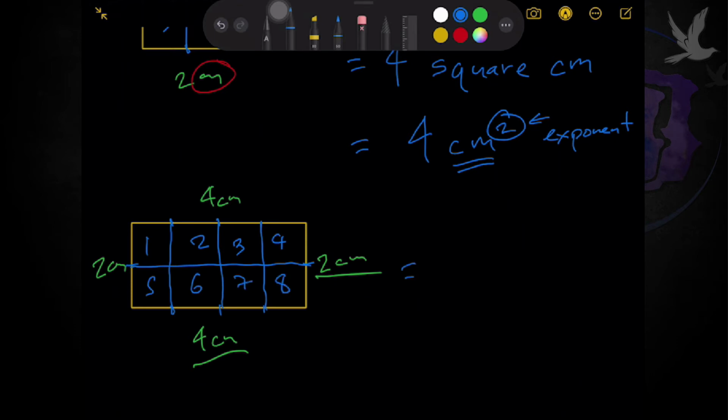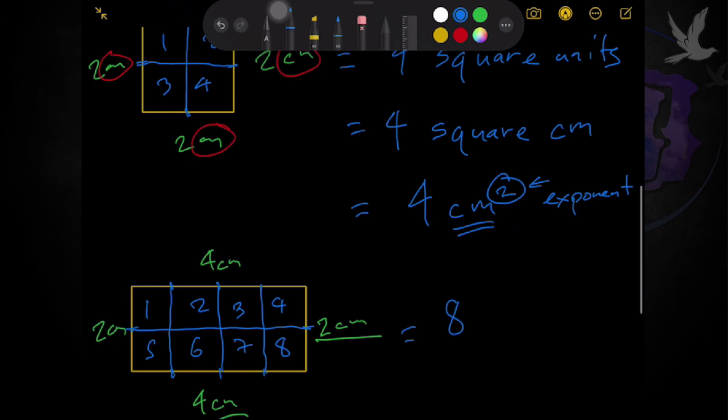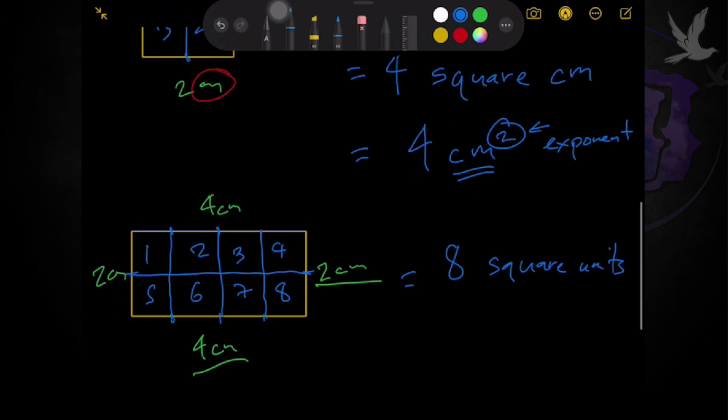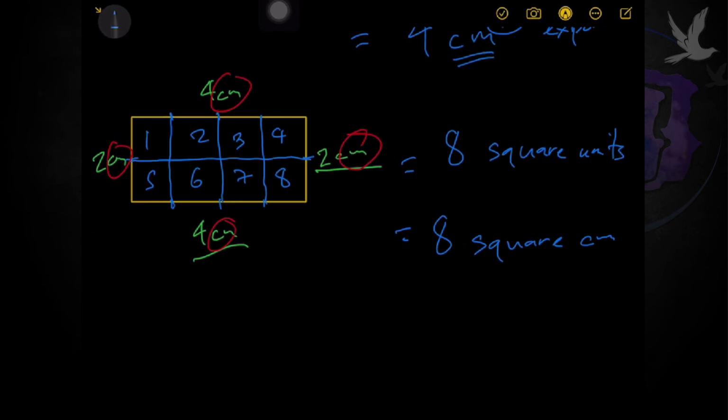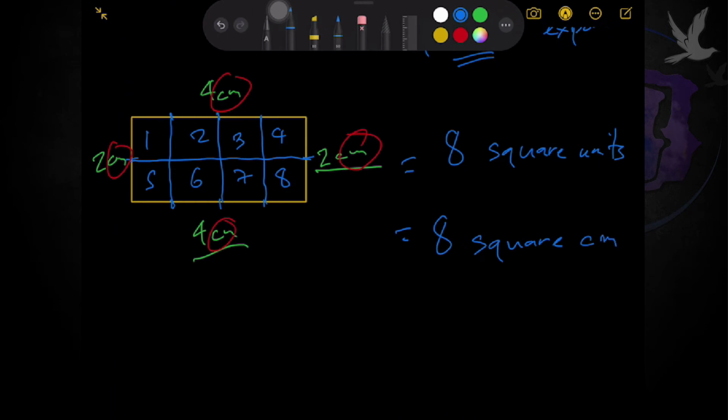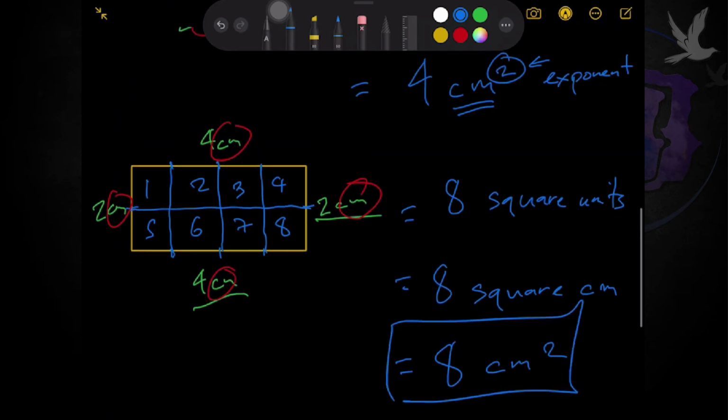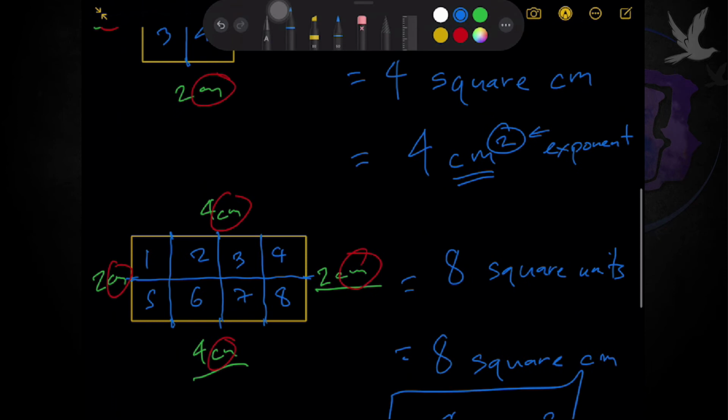So the answer here is 8 square units, or can be written as, since we have certain units present here, which is centimeter, this should be expressed as 8 square centimeter, or can be written as 8 centimeter squared. Okay, so ganun lang. That is basically how easy it is to do this.